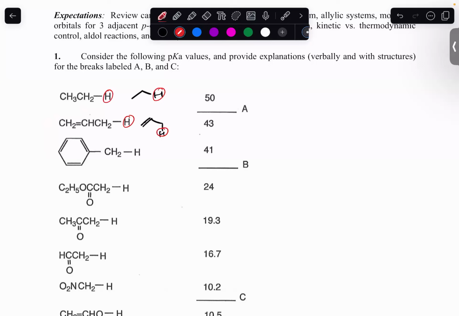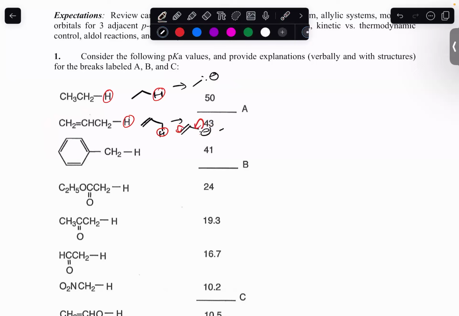When we draw the conjugate bases, say some random base deprotonates that hydrogen, we get this conjugate base with the lone pair on the carbon that lost the hydrogen. You are correct. This position is allylic, meaning this lone pair is more stable because it could do resonance with the double bond right here.